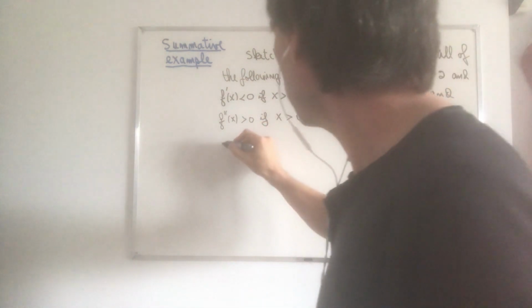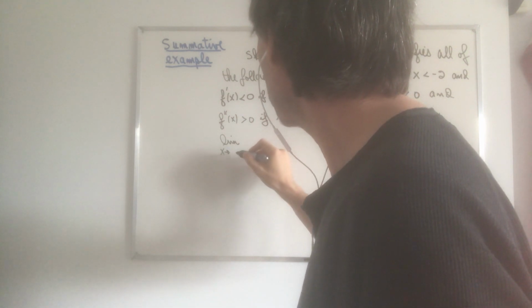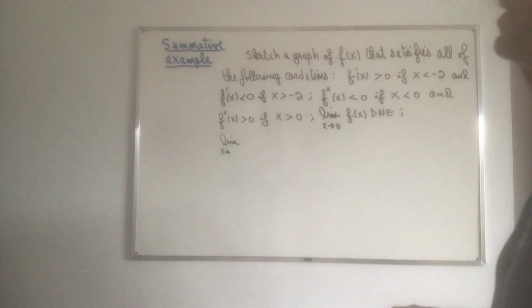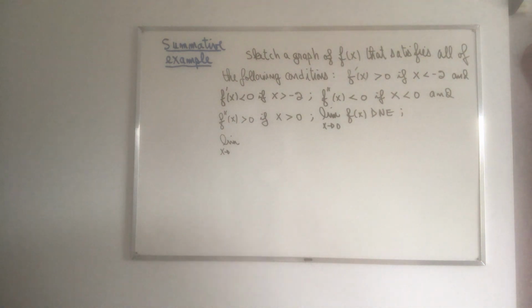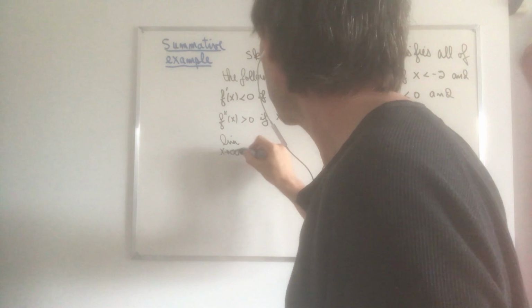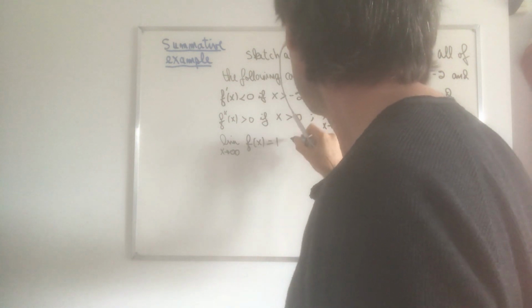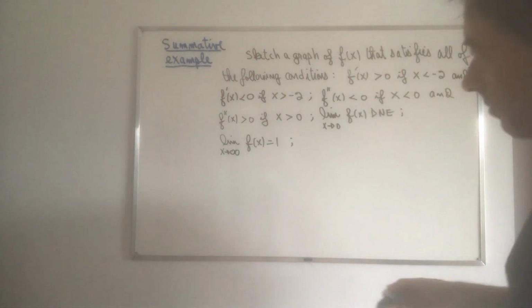I'm also going to tell you that the limit as x approaches, what shall we say, what is easier, negative infinity or positive infinity? Let's say positive infinity. Let's give this some sort of value. So you have the value of two limits.